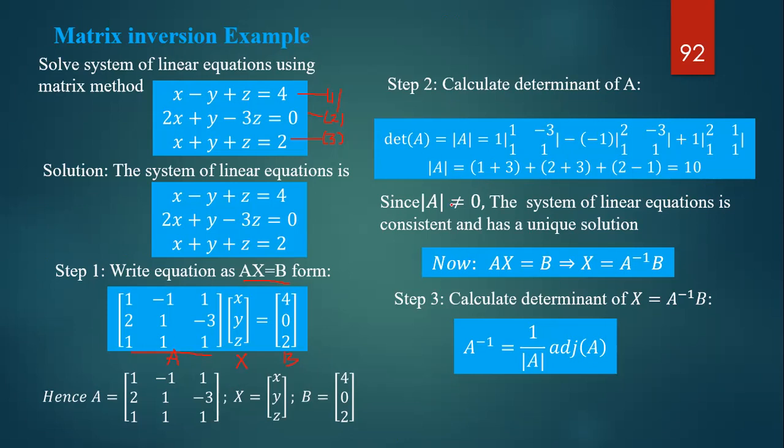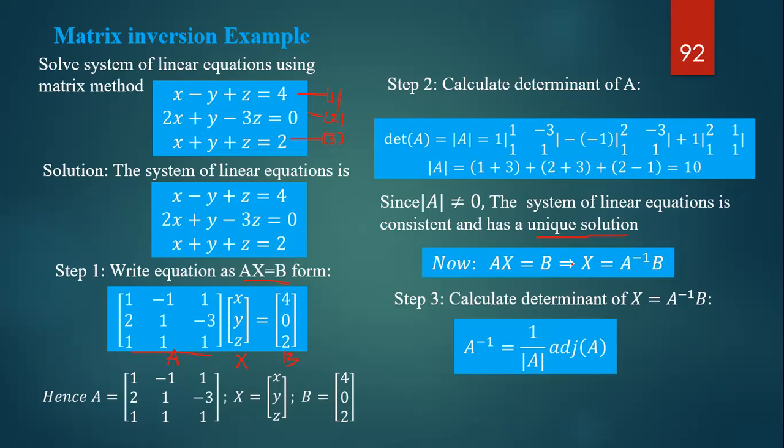Now the determinant is different from 0, which means we have a unique solution and the linear system of equations is consistent. If it is 0, then this takes us to some eigenvalue problem or another form of equations. So unique solutions exist for this type.